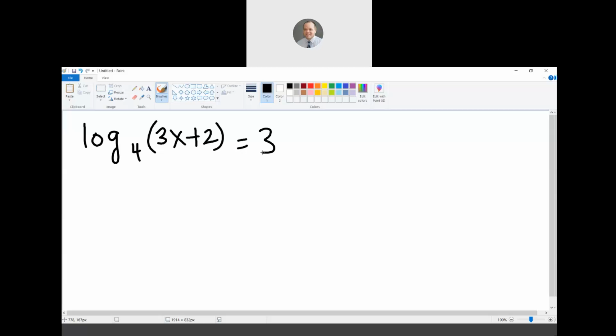Step 1, convert your logarithmic equation into an exponential equation. So our base is 4, our exponent is 3, and that's equal to our function of x. 4 cubed is 64.